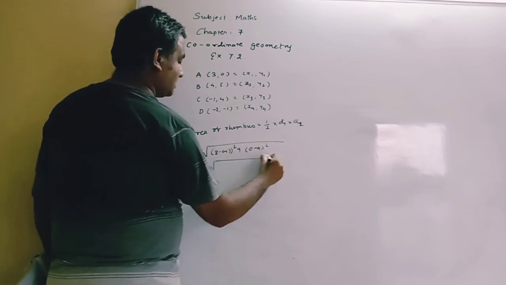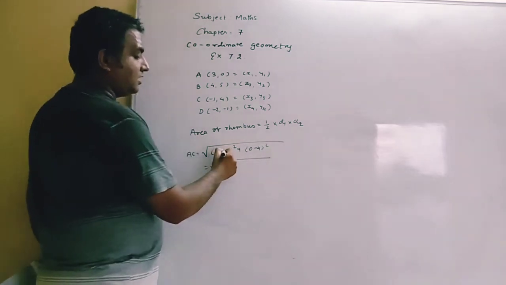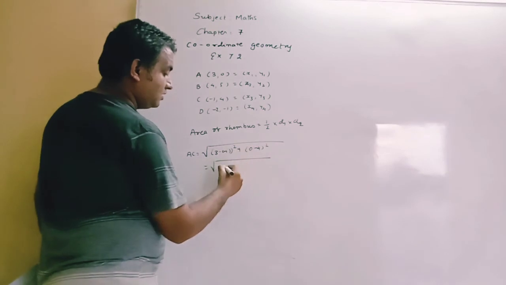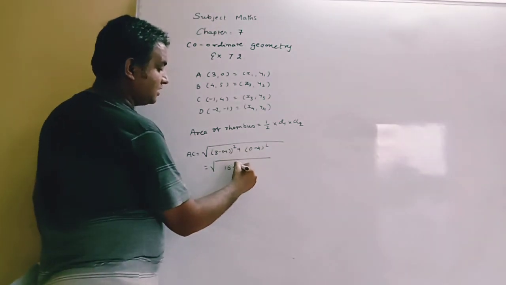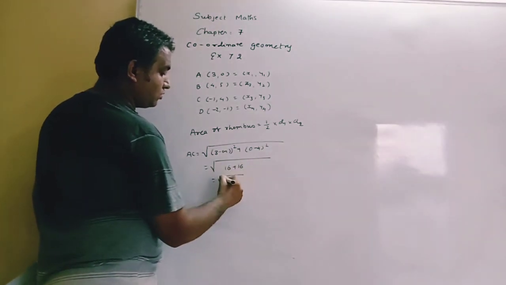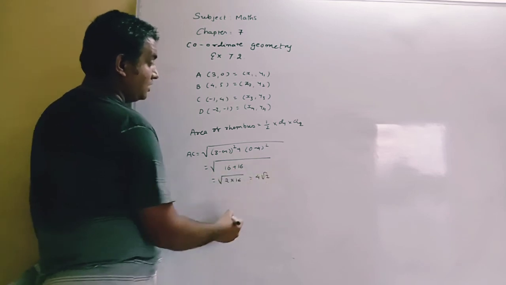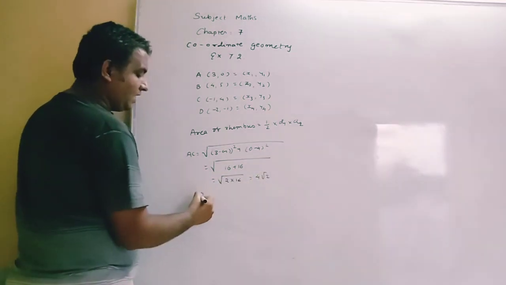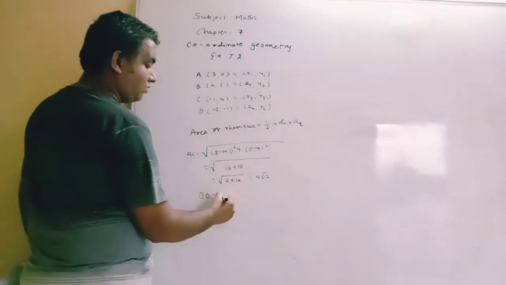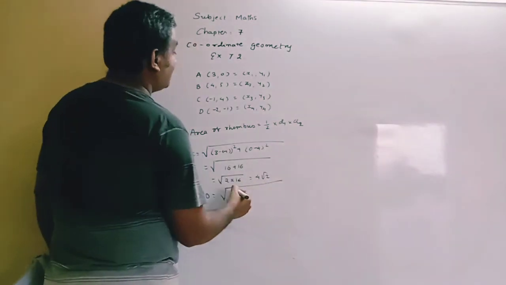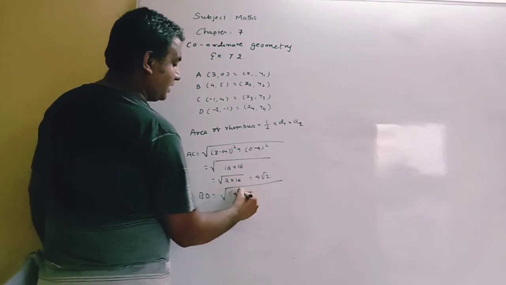So it is 4 square, 16 plus 16, so it is 2 times 16, so 4 root 2.